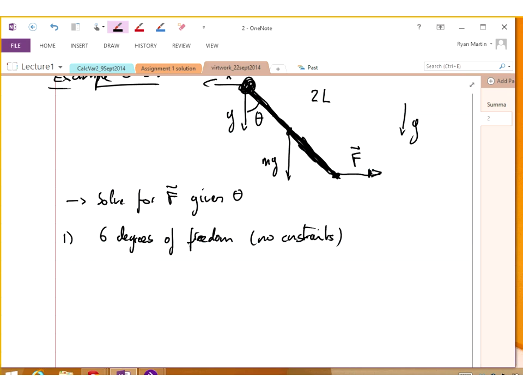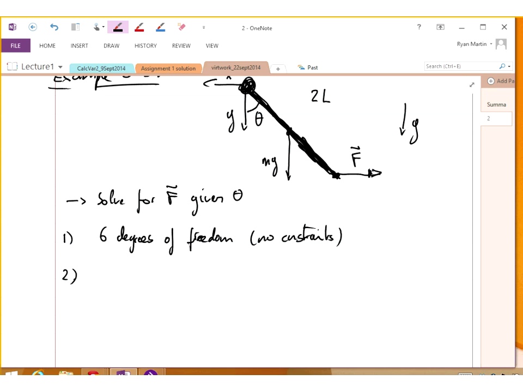Now, that's for a rigid object in 3-dimensional space. However, this is not free to move in three-dimensional space. So we identified a number of holonomic constraints that we have.